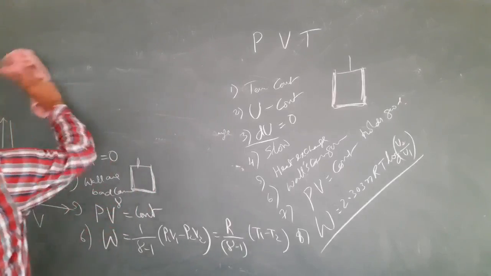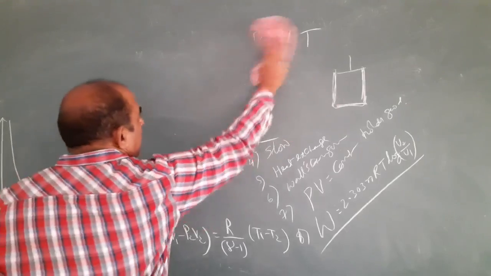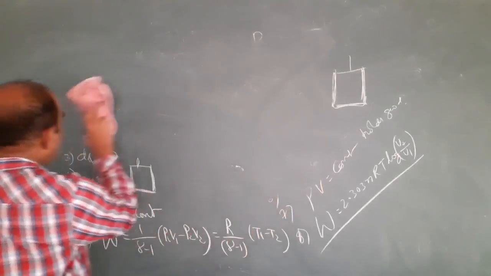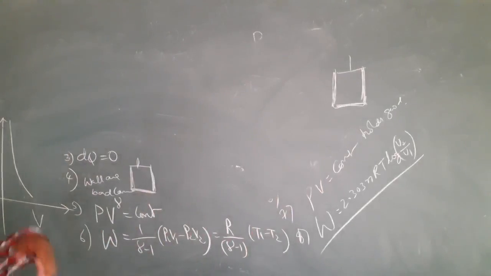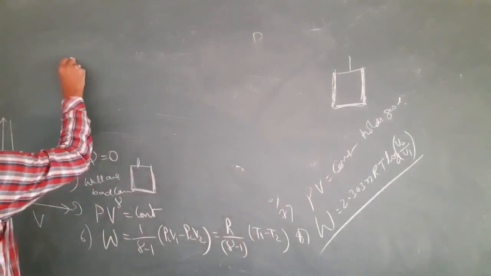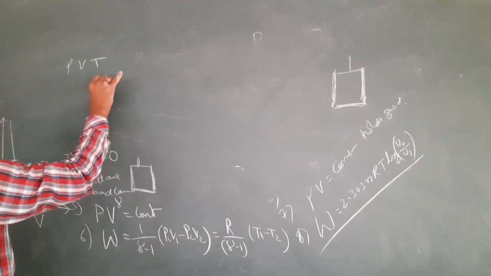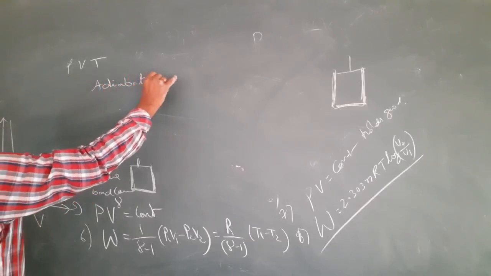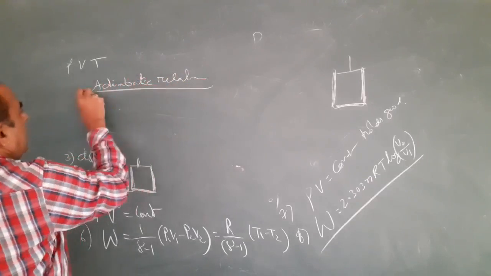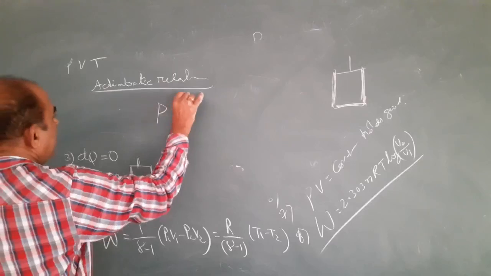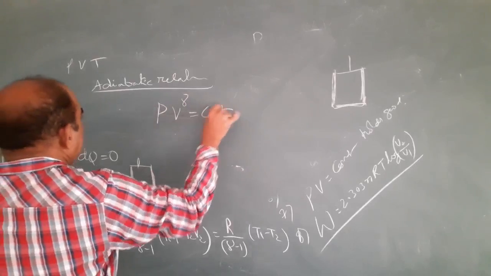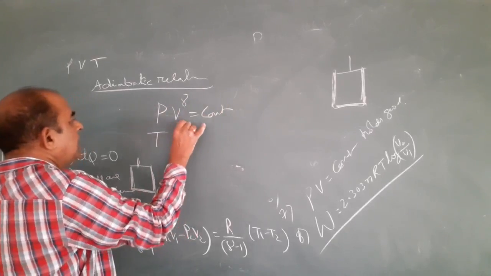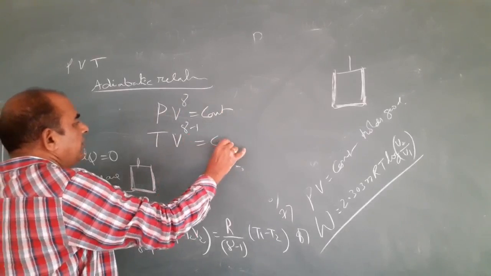And in the adiabatic process, PV power gamma is constant. What are the relations between P, V and T? These adiabatic relations are very important. One is PV power gamma constant. Second, TV power gamma minus 1 constant.